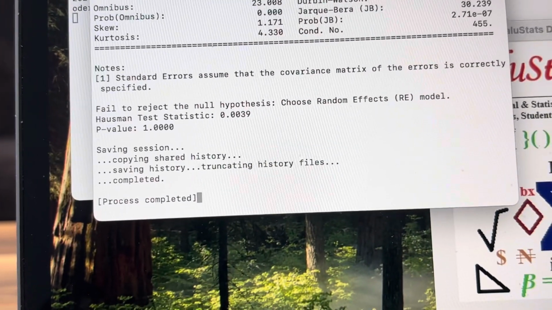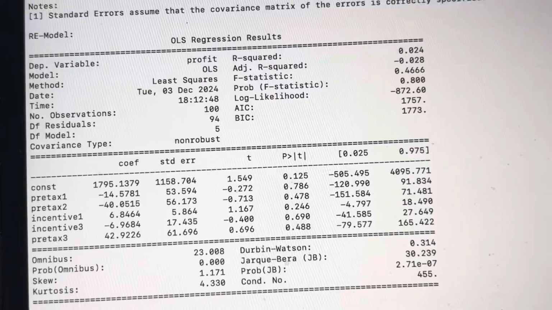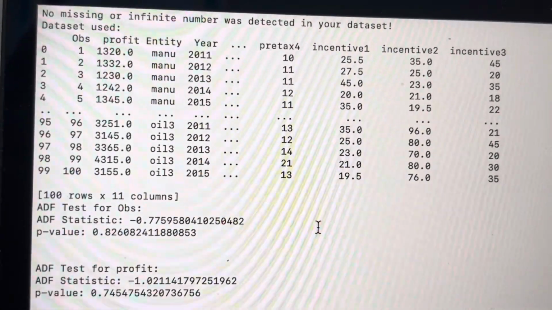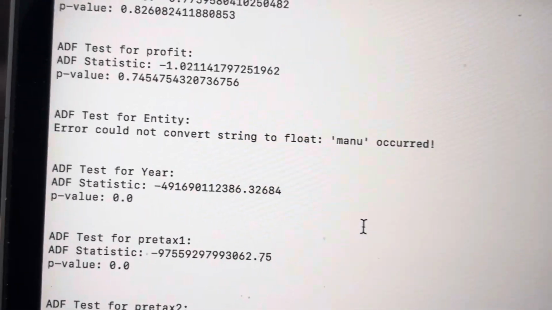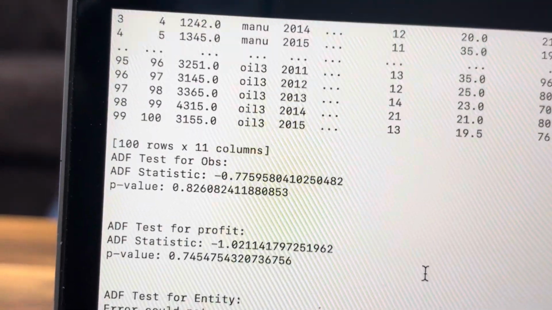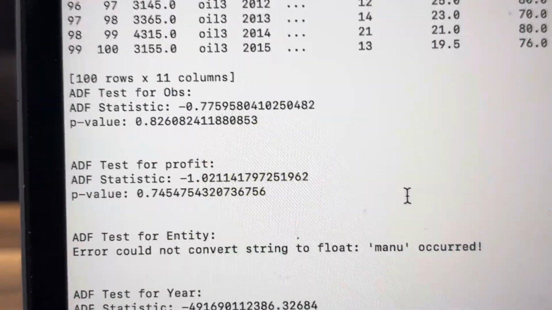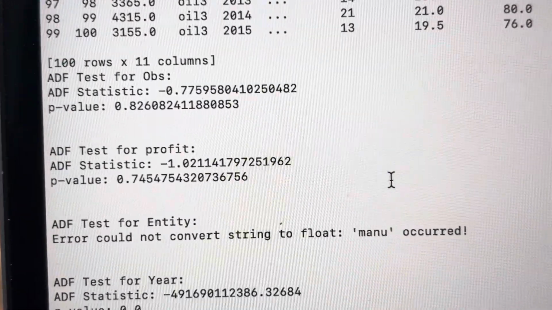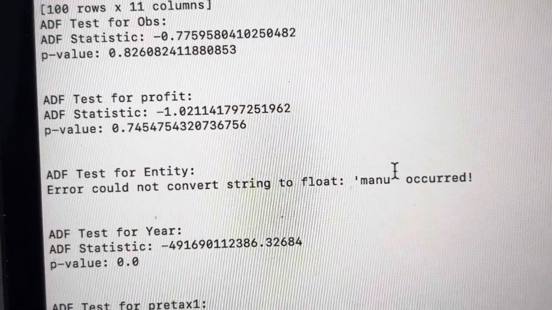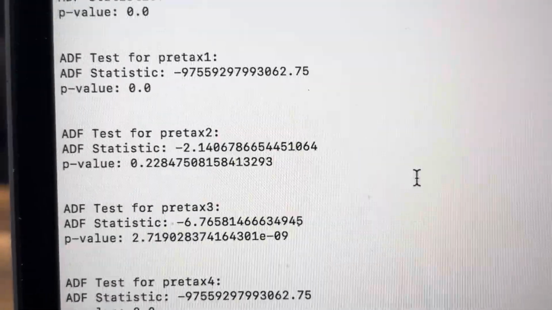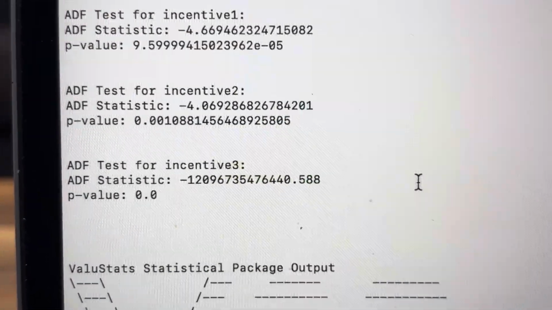Now let us look at what the whole thing is all about. This is the data set used. First of all, it started with ADF tests for all the variables and the data set.